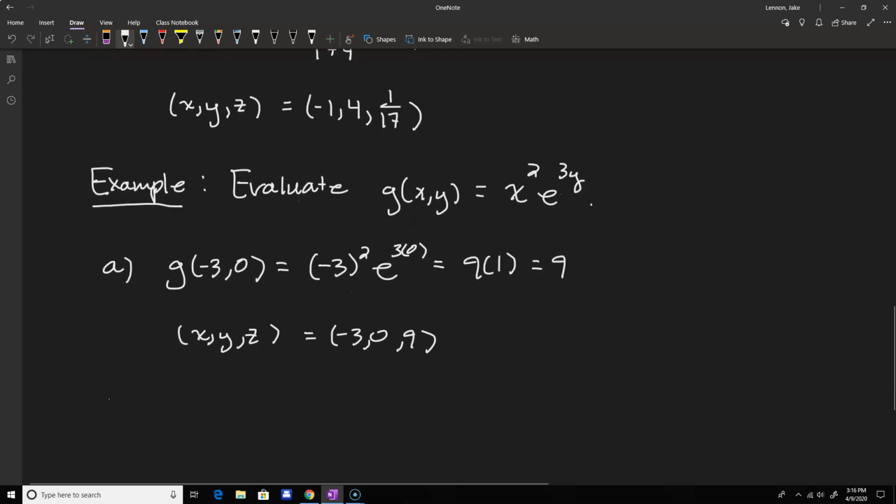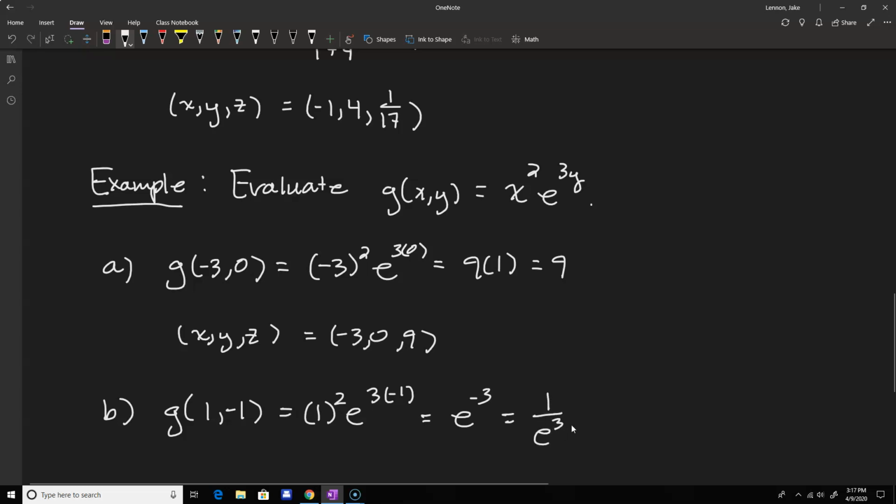And for b, let's evaluate g of 1, -1. So here we want to plug 1 in and square it, and then we do e to the 3 times -1. So this just comes out to e to the -3, or 1/e cubed. If you want a decimal, you can plug that into your calculator.